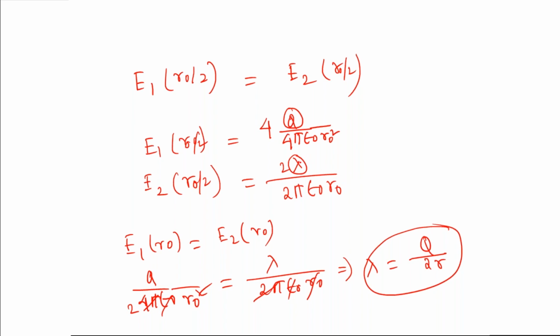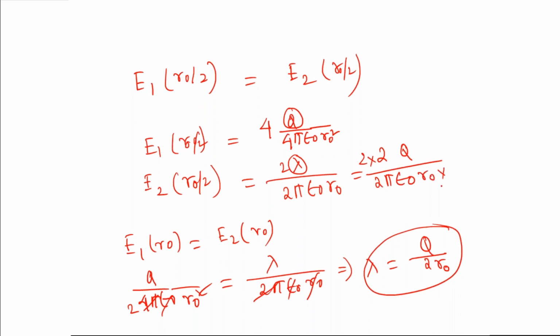Replacing the value of lambda, 2 pi R0, and Q by 2 R0. So we get 2 into Q divided by 4 pi epsilon naught R0 square.